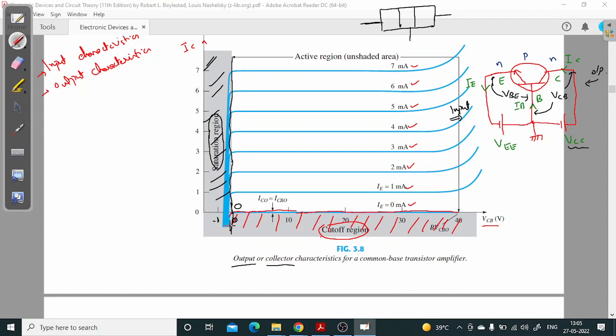And what happens in this region is that the current, that is this IC, actually rises exponentially. Okay, look at the first curve, when IE is equal to 1 milliampere. It is coming here like this, and it was actually like this.